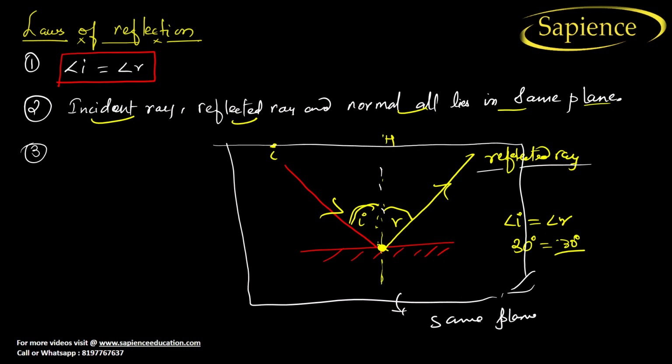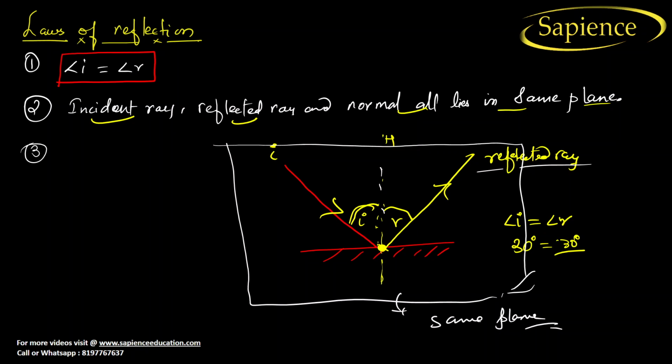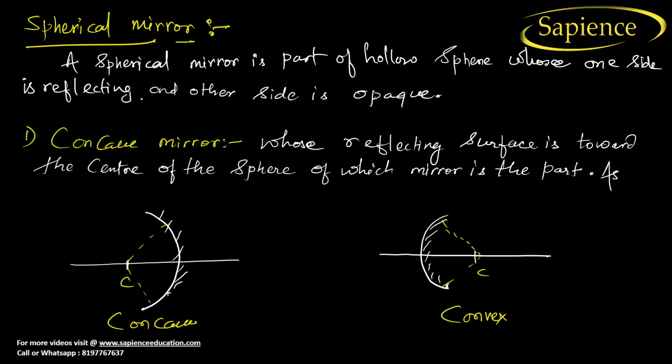Now let us talk about the spherical mirror. A spherical mirror is part of a hollow sphere whose one side is reflecting and the other side is opaque.